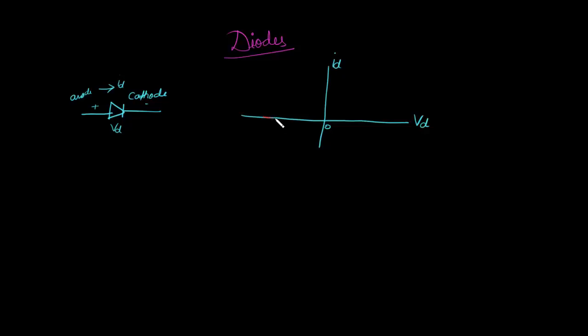So no conduction happens and the current flowing across the diode is zero. As soon as the voltage is slightly increased towards positive, infinite current flows through the diode. So this is the ideal characteristic.